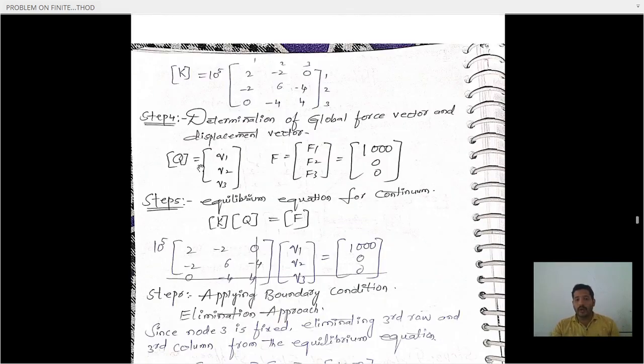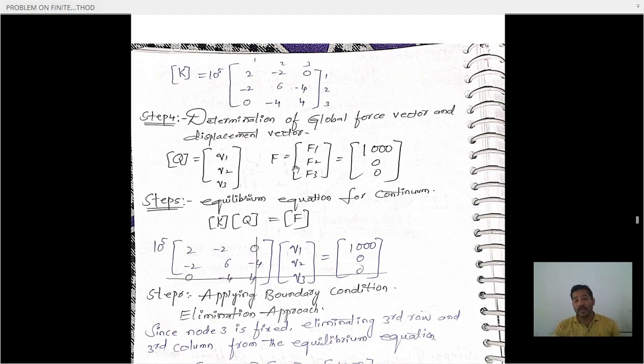Q equals, how many nodes do we have here? We have 3 nodes: Q1, Q2, Q3. The nodal displacement acting at point 1 is represented by Q1, at point 2 by Q2, and at point 3 by Q3.